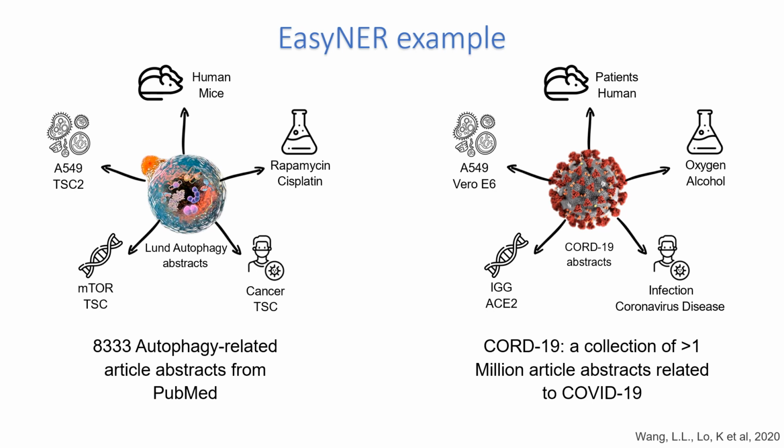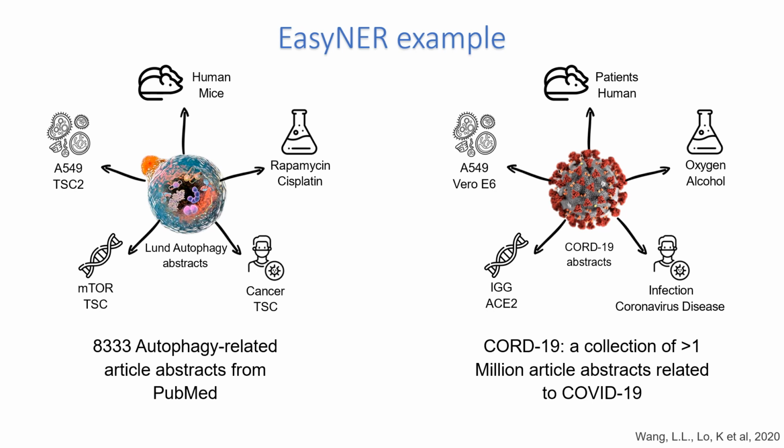So as an overview, these are two different text collections. On one side we have autophagy related articles that we extracted from PubMed. And here you see different chemicals, cell lines, diseases, proteins that are associated.